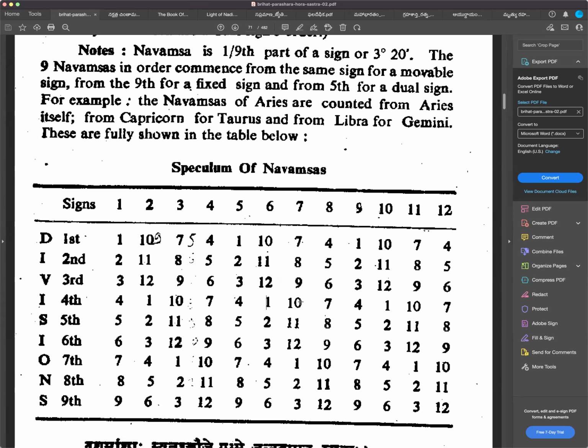So these are the 4 legs of austerity, these are the 4 legs of dharma. So we need to follow these 4 rules. If we follow dharma, what will we get?